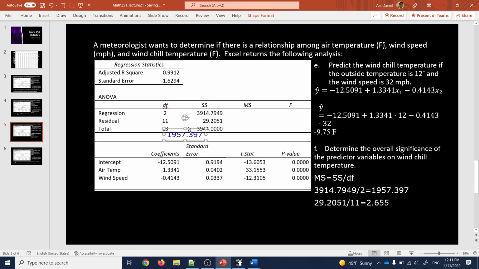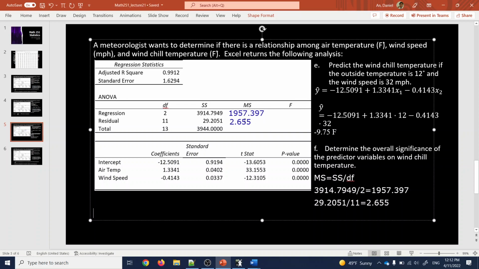I'm saying that this value goes right here as the MS, and then right below it, 2.655 goes right here.